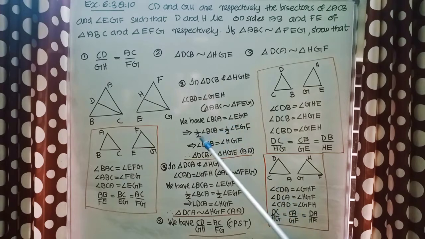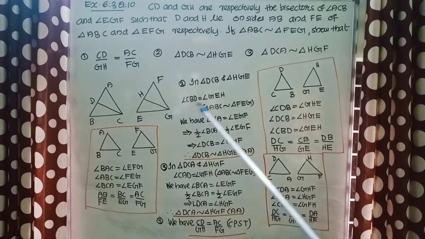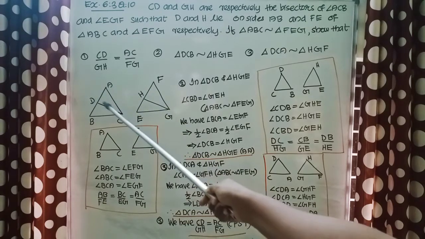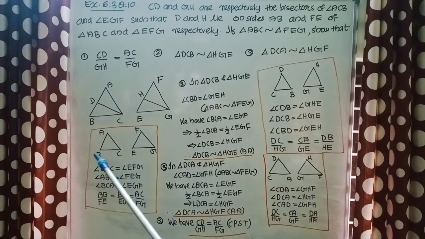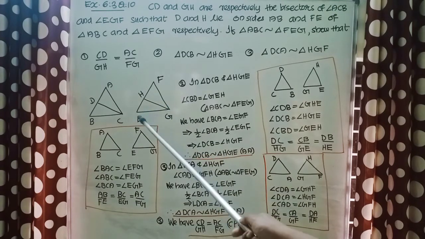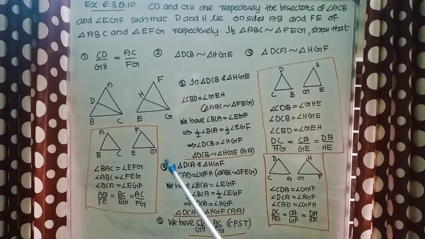Now you see this BCA and EGF and this angle DCB and HGE. We know this DCB is half of BCA. I have told it in the beginning. Similarly, this HGE is half of this EGF. BCA and EGF are equal, so their half portions are also equal.